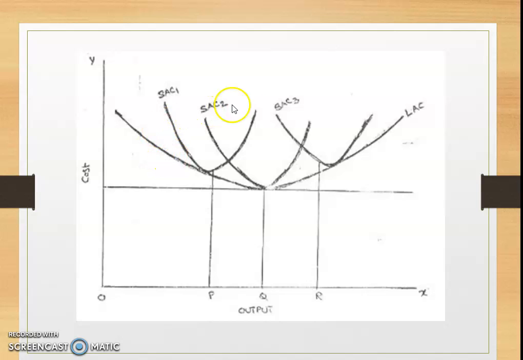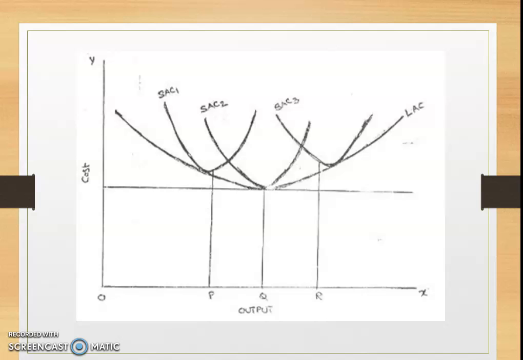This LAC curve envelopes all the short-run average cost curves, and hence it is termed the envelope curve. The main implication of this envelope curve is that the long-run average cost cannot exceed the short-run average cost. Since in the long run, indivisible factors are fully utilized, the long-run average cost will surround the short-run average cost.